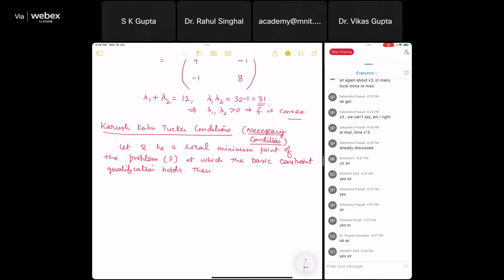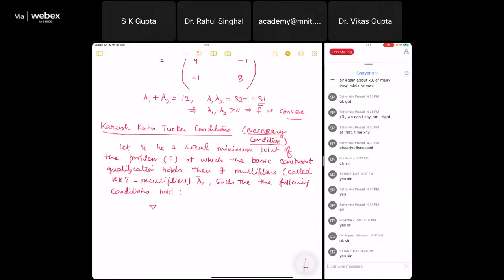Then there exist multipliers called KKT multipliers, lambda i bar, such that the following conditions hold. So what are those conditions?